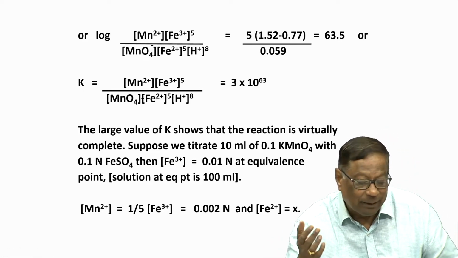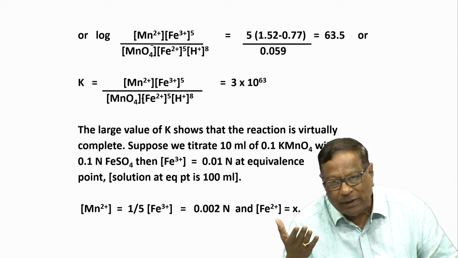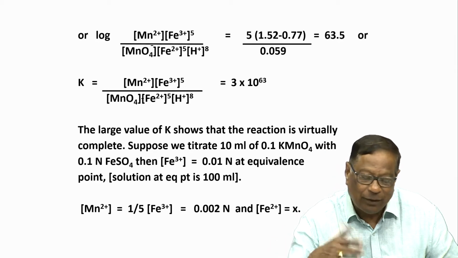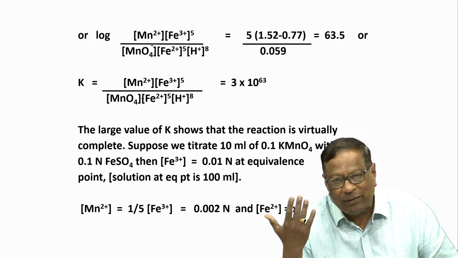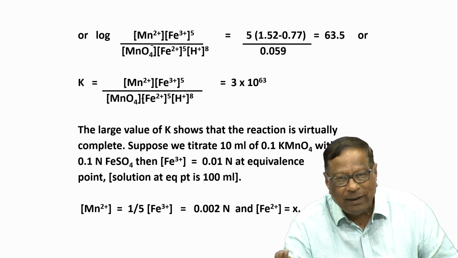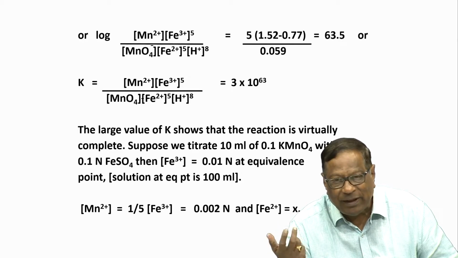Why? Because whenever I am trying to convert ferrous to ferric and the reaction is virtually complete, with a K value of 63.5, the reduced species would be very low in concentration, very negligible.